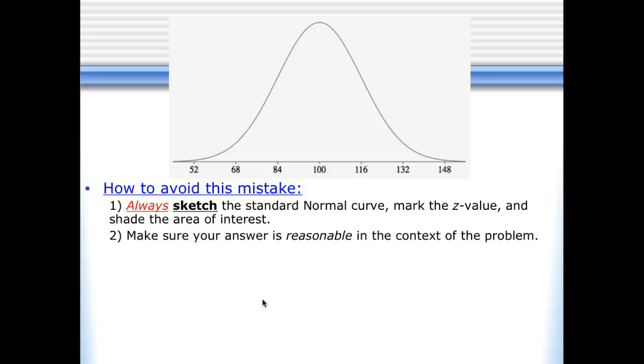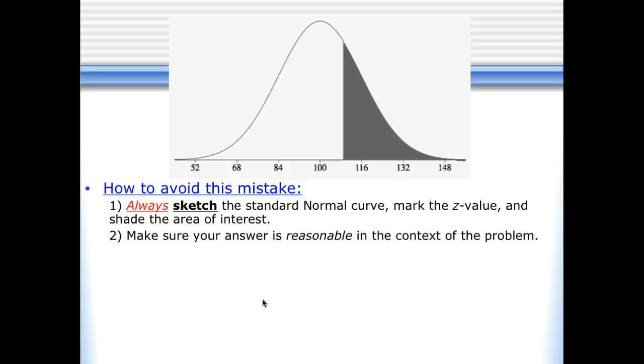For example, if I'm looking at the IQ problem from previously, I have my mean of 100 and my standard deviation of 16. Now if I want to find the probability of being higher than 109, I'm going to identify where that falls on my distribution, right about here.